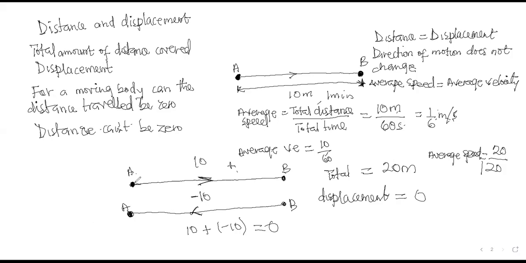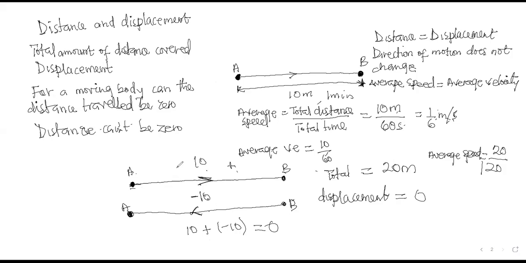But if you ask me to calculate the total displacement, it will be 0. 10 minus 10, and that will be 0, because here you must consider direction. He moved from A to B positive, B to A negative. And so when you add, the total displacement is 0. So with displacement, we are always interested in a reference point.